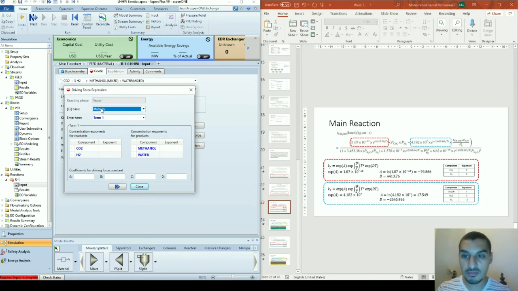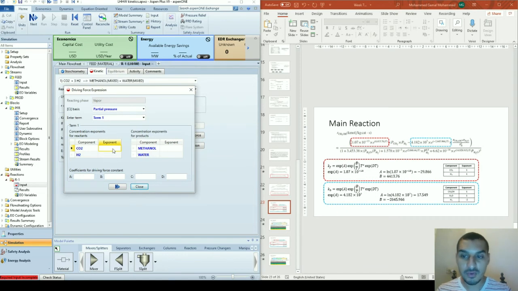So the basis is the partial pressure, and now we have two terms. This is term number 1 and term number 2, and just keep in mind that there is no option to add any terms because it has to be only two terms in the numerator. So this is term number 1.